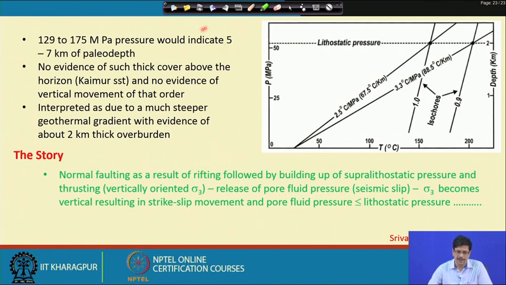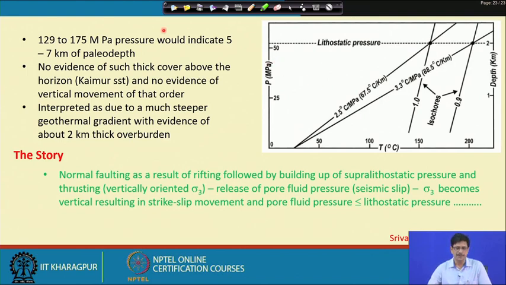Now, if there is a suspicion that the evidence of having 5 to 7 kilometer of overburden does not exist or is not tenable, then some alternate model has to be thought of.